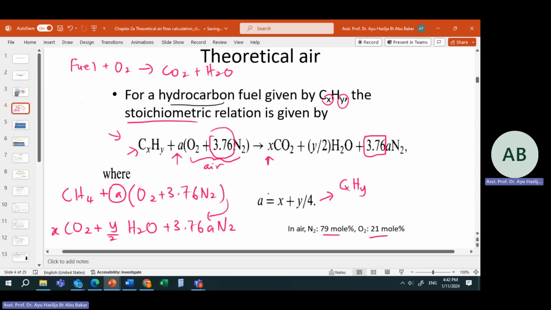So A kat sini is equivalent to 1 plus 4 bagi 4, which is 2. So A is replaced by 2. So CO2 X ni replaced by 1. Y over 2 is 4 over 2, replaced by 2. So 3.76 multiplied by 2. Boleh?